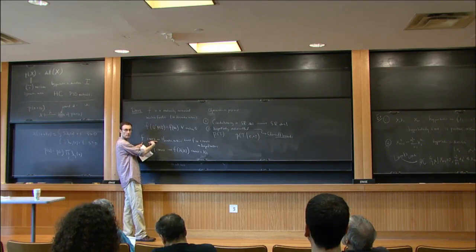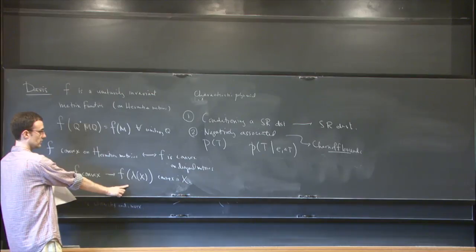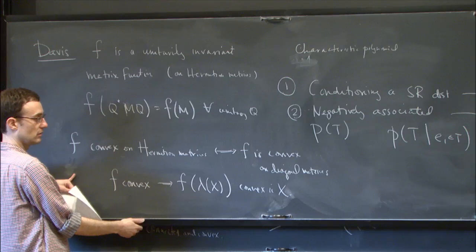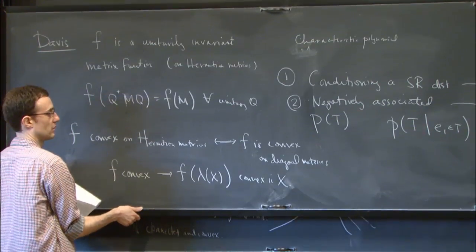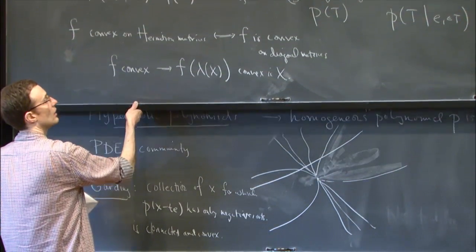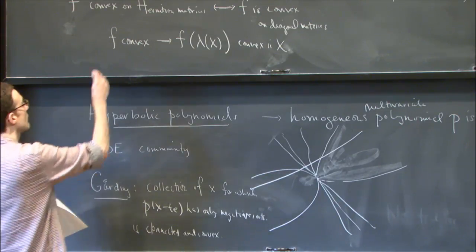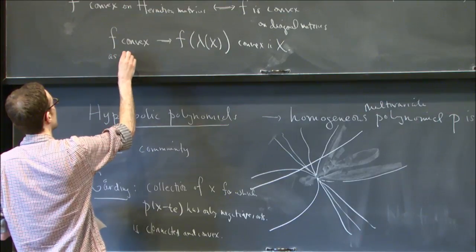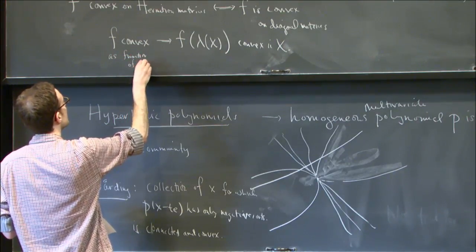Right, so that should be the non-trivial direction. So you mean F convex when we think of it as a function of n numbers? Yes, F as a function of n numbers. Oh, yeah, because it's written that way. Sorry. Okay.